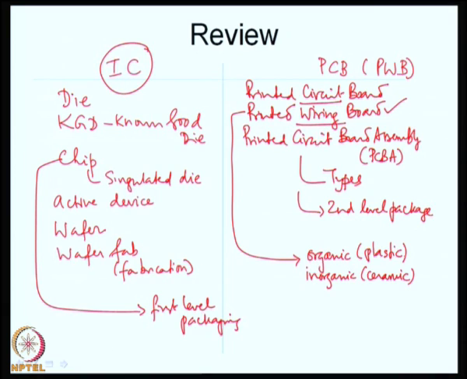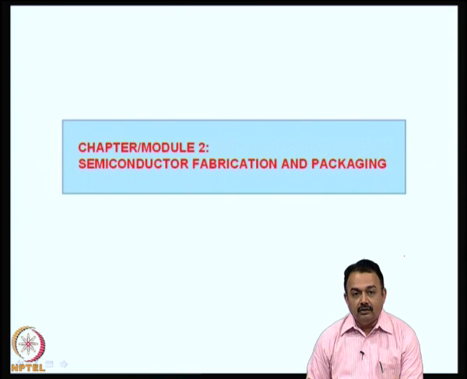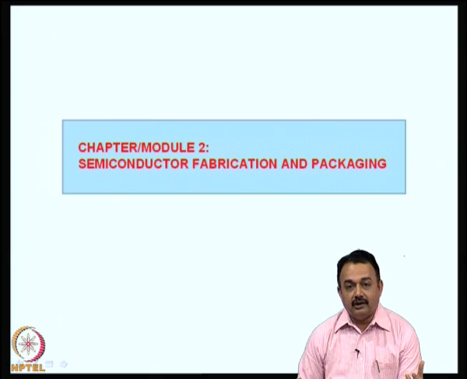So, this is the kind of first level information I wanted to give you today before we move with the second chapter. Now, the second chapter is titled Semiconductor Fabrication and Packaging. So, what we are now going to do is, although this is not part of the packaging, that is the fabrication of the semiconductor or the die, but still it becomes incomplete if we go to first level packaging directly.